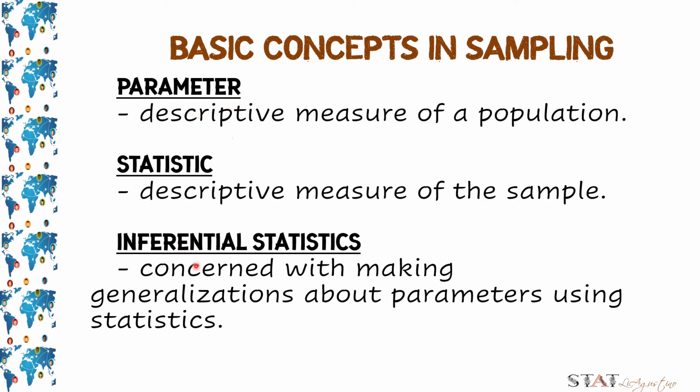And then inferential statistics: to recall, we have two types of statistics, the descriptive and the inferential. Inferential statistics is concerned with making generalizations about parameters using statistics. It's just like you are concluding something.